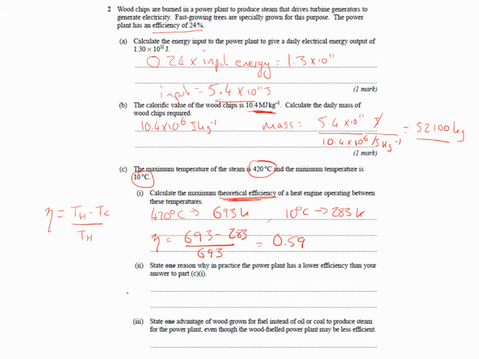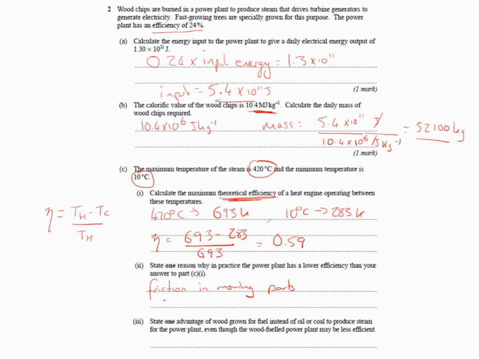State one reason in practice why the power plant has a lower efficiency than your answer in the previous part. So there's loads of possible answers here, but we need to be specific. We can't just say waste energy. We need to give a part of the machine where energy will be wasted, such as friction in moving parts. Because it's never possible, even with lubrication, to get down to zero friction.